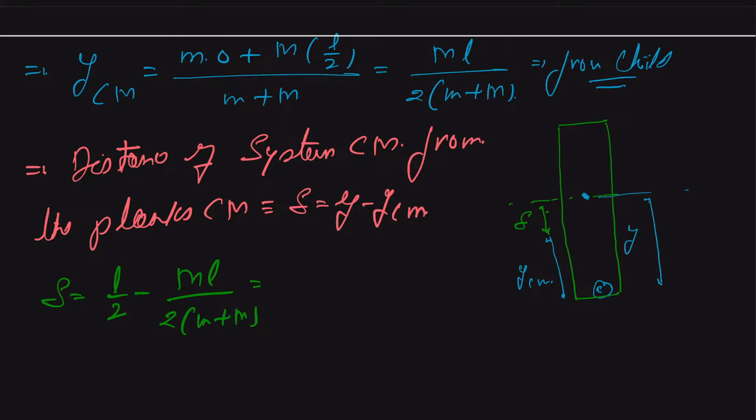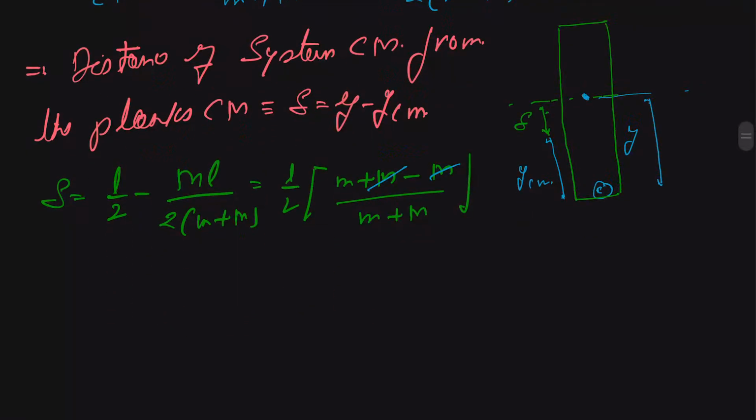And now it is quite easy to solve. L by 2 we can just take as common, so this comes as m plus capital M minus capital M divided by m plus capital M. Here the capital M and capital M cancel out.